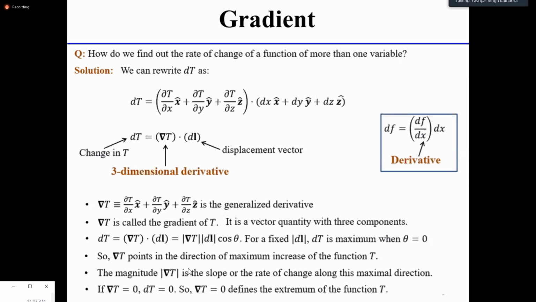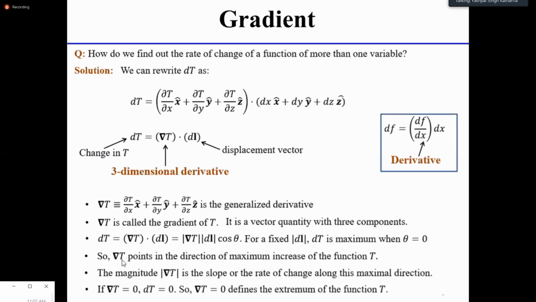So we can say that this change dt is maximum when del t is pointing in the same direction as dl. We can say it otherwise also: if del t points in the same direction as dl, which means theta equals 0, then the change in this function t is maximum.